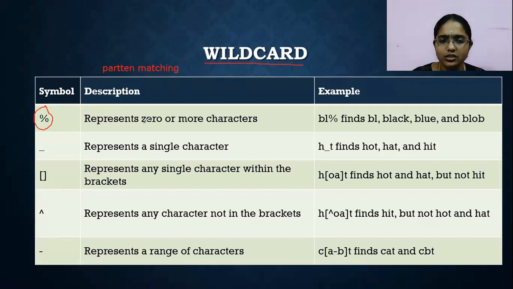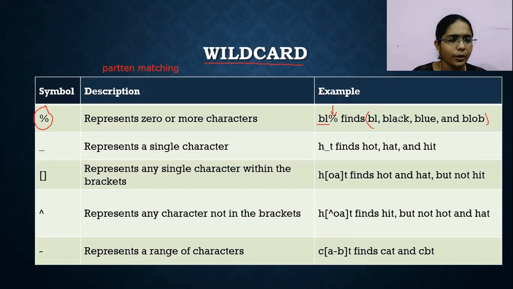Here, percentage means 0 or more characters. For example, if I give the condition BL followed by percentage, after BL it can be one character or many characters. This will match the strings that start with BL, such as black, blue or Bob.